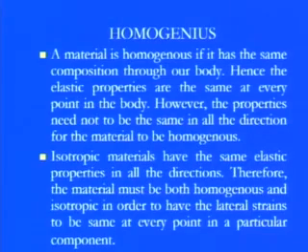So homogeneous materials are those materials which have the same composition, and because of the same composition, the elastic properties are the same at every point of the body, but that doesn't mean that they are the same in all 3 directions. Isotropic materials have the same elastic properties in all directions.